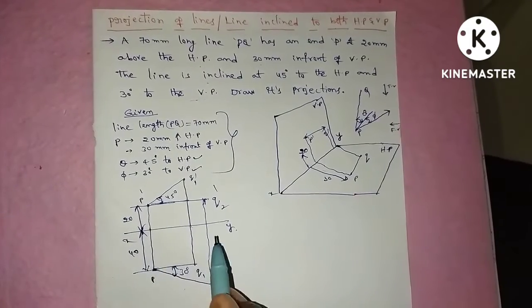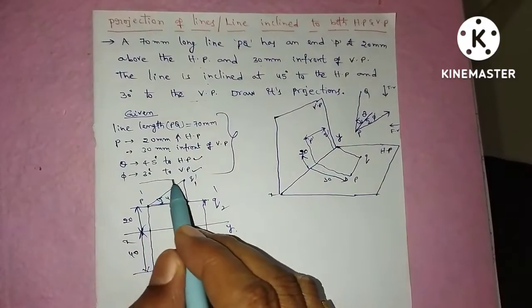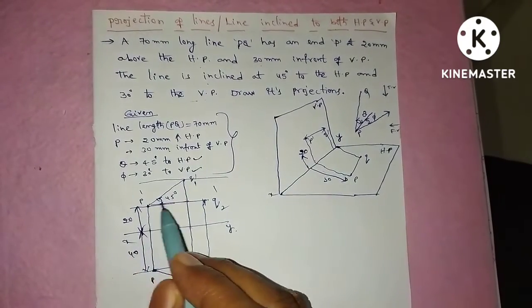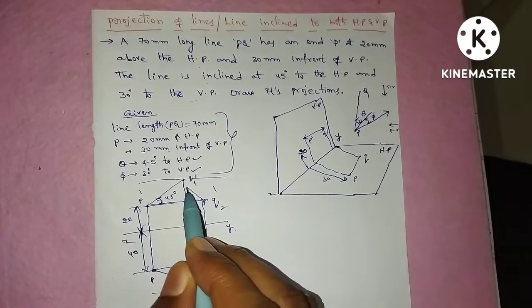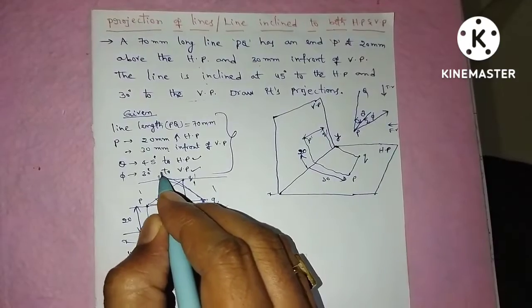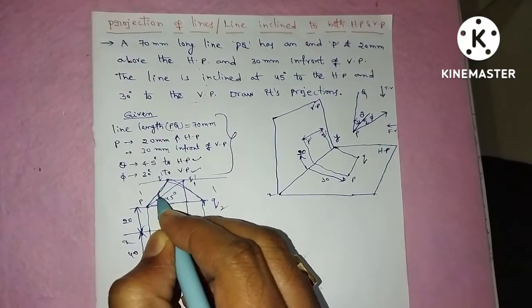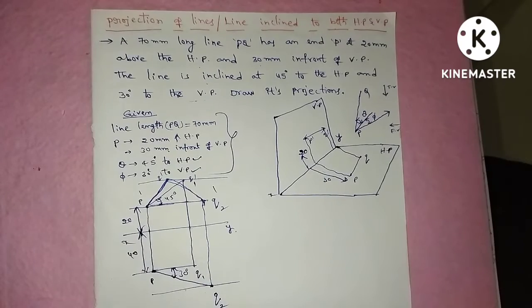Now for the final projection, draw the locus of Q2 and the locus of Q1 dash. To get the final front view and top view, draw an arc from P dash with radius P dash Q2 dash onto the locus of Q1 dash. So P dash Q dash is the final front view.